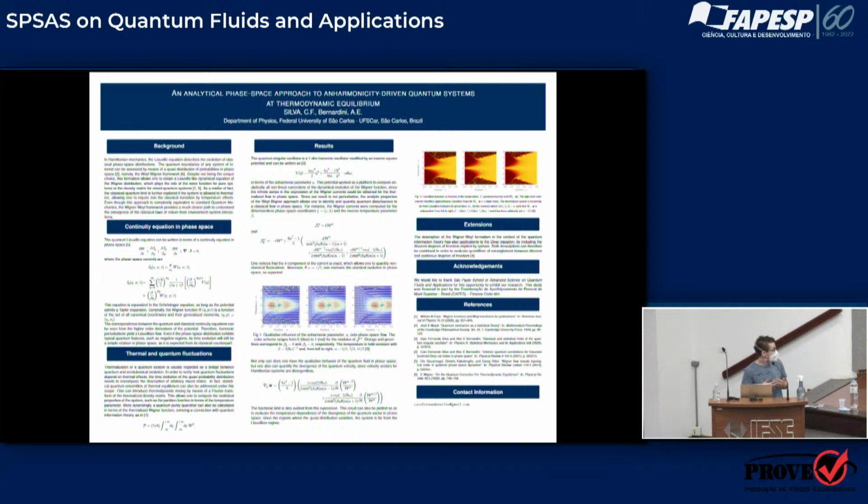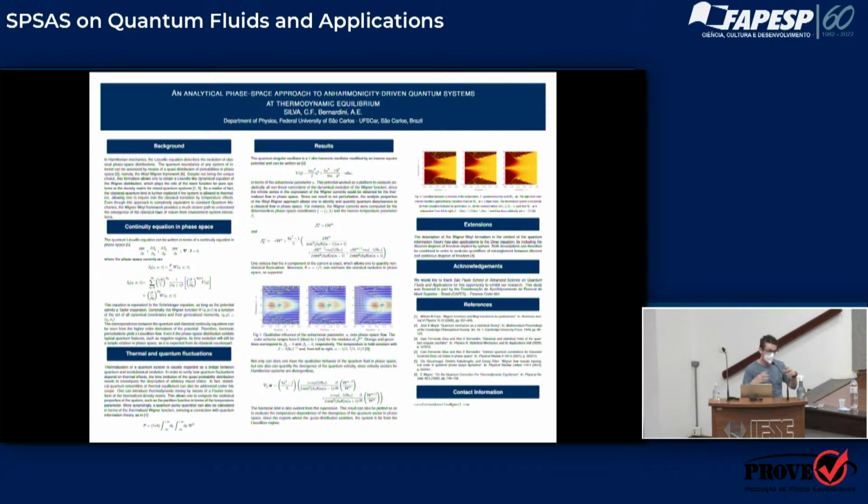We obtain these phase space currents, which do depend on the anharmonic parameter, but when we calculate any thermodynamic quantity like the partition function, we see that the harmonic oscillator is equivalent to the anharmonic oscillator, despite having these kinds of vortices. Here on the phase space profile, we can see these vortices, which are absent in the harmonic oscillator. But when you calculate the partition function and any thermodynamic quantity, you see that the two systems are equivalent.